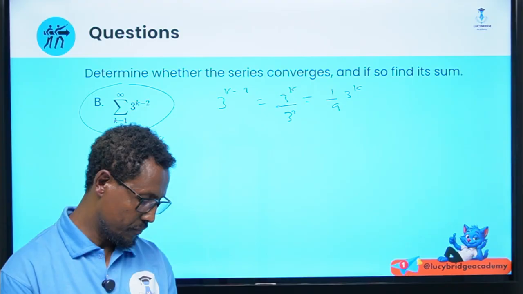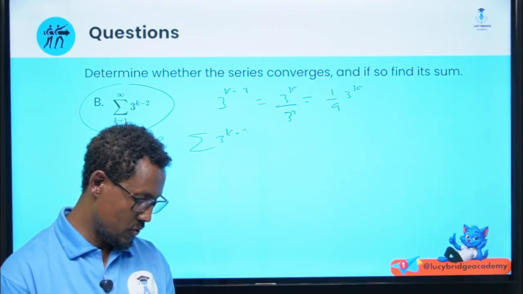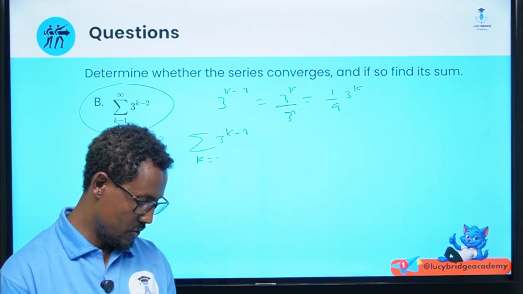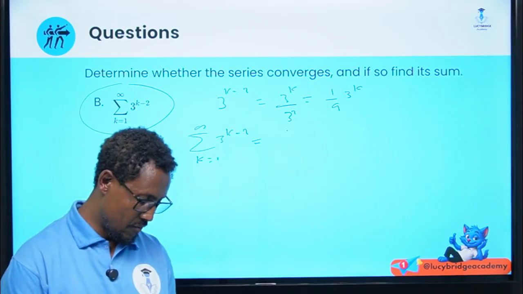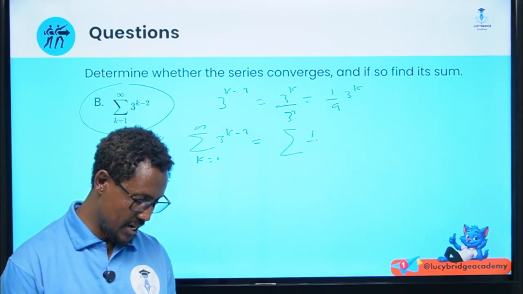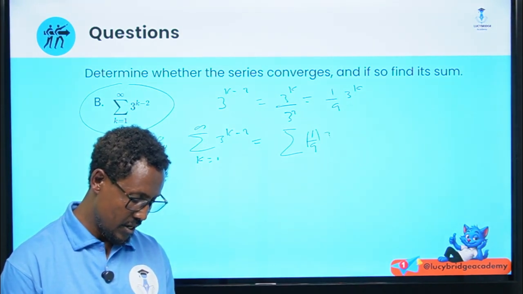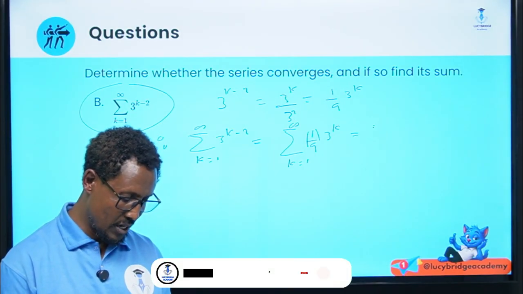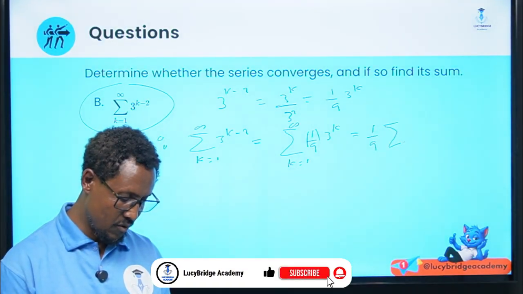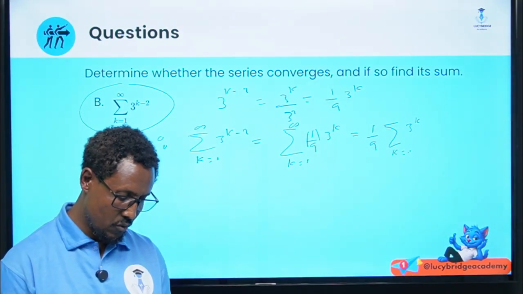Therefore, the sum of 3 to the power of k minus 2, where k starts from 1 to infinity, is equal to the sum of 1 over 9 times 3 to the power of k, where k starts from 1 to infinity, which is equal to 1 over 9 times the sum of what? 3 to the power of k, where k starts from 1 to infinity.